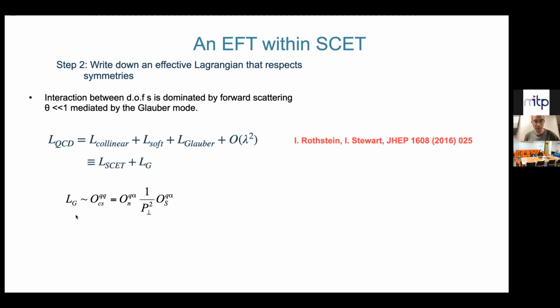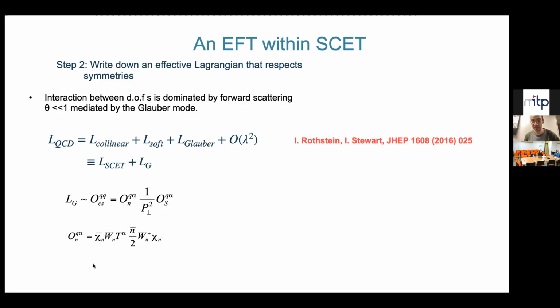This is what it looks like. A typical quark-quark interaction, for example, which is to say a quark in the jet and a quark in the medium, interact via this kind of contact operator, wherein this O_n is basically my collinear quark current, which is a bilinear in the quarks, and it's rendered gauge invariant because of the presence of collinear Wilson lines.